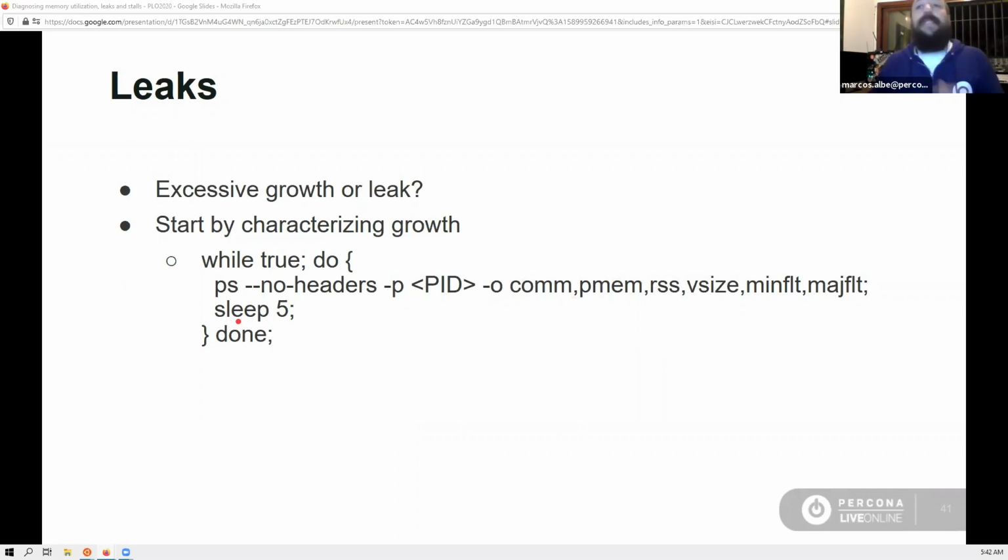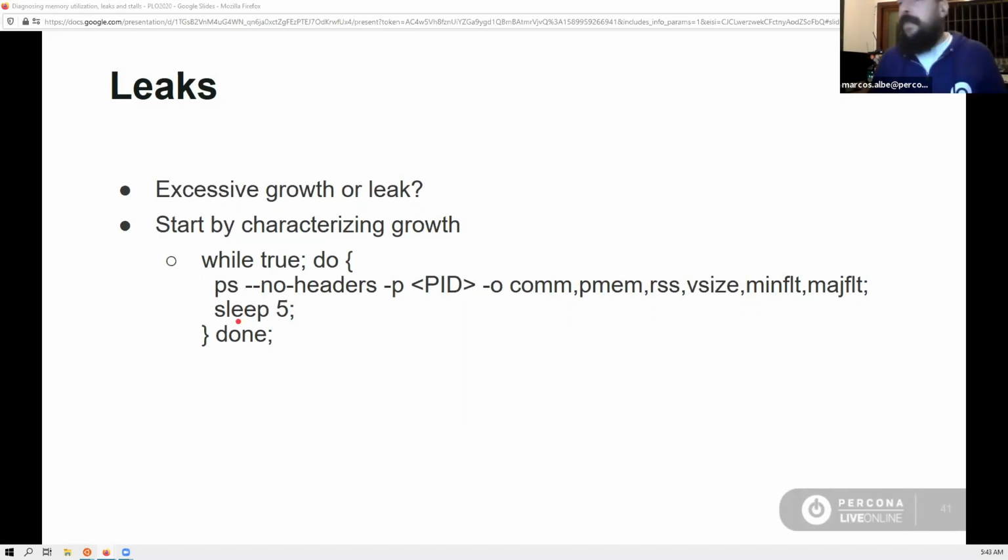This is like the first thing I do when someone tells me I have a memory leak, because I need to understand if the memory ever is given back to the OS, or if it's really growing in a permanently monotonically increasing fashion that never gives up the memory it has taken.